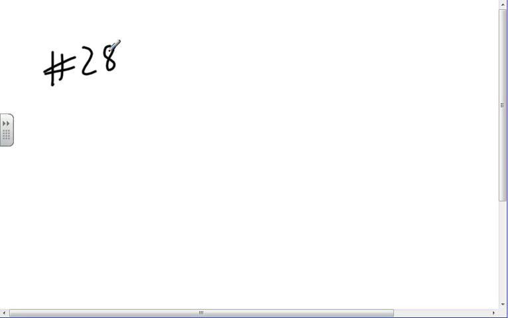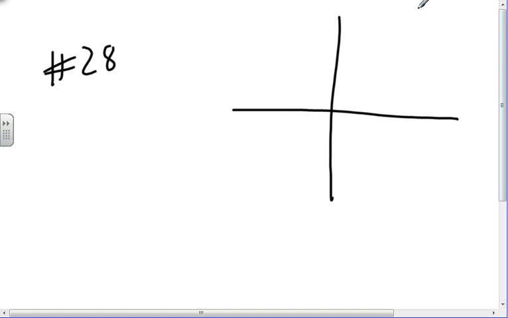Okay, so I got some graph. There's my x y axis. I have some graph, and I got some point. That's x and y. And the tangent to the graph y. So I've got some slope at that point, right?